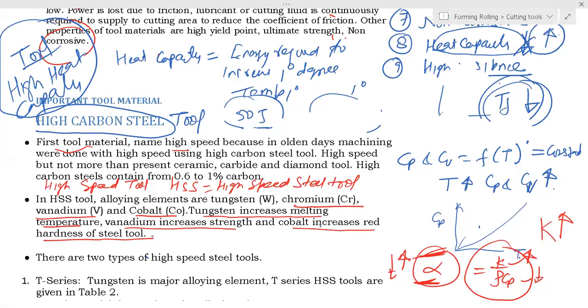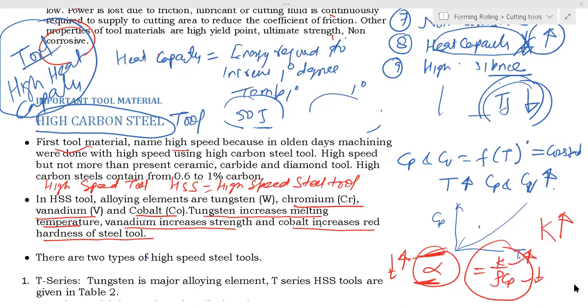Vanadium refines the grain structure, and because of this grain refinement, strength increases, and cobalt increases red hardness. So the major properties are strength, melting temperature, and red hardness. These three are satisfied by three major alloying elements.